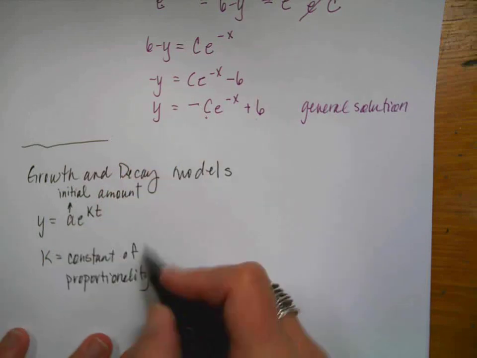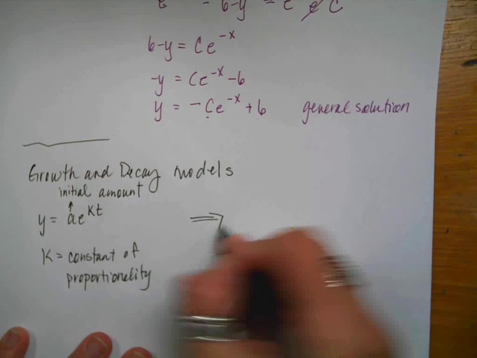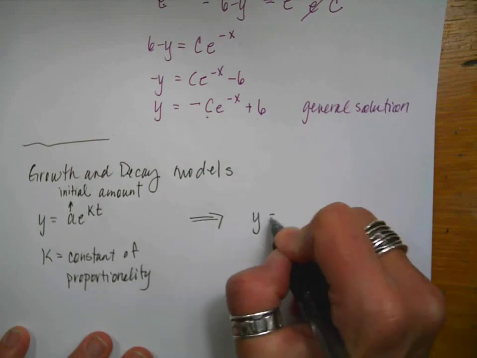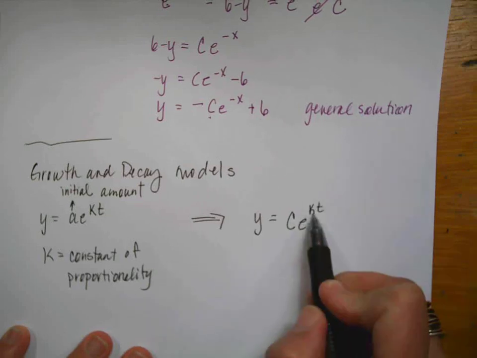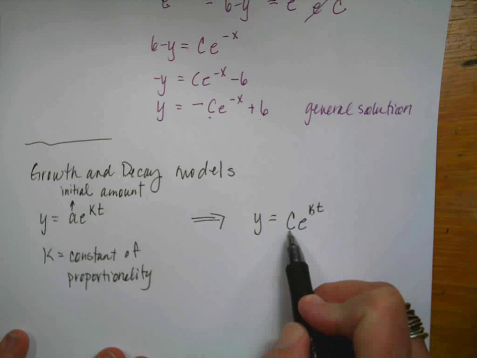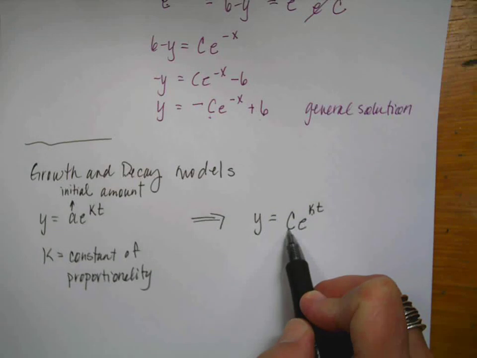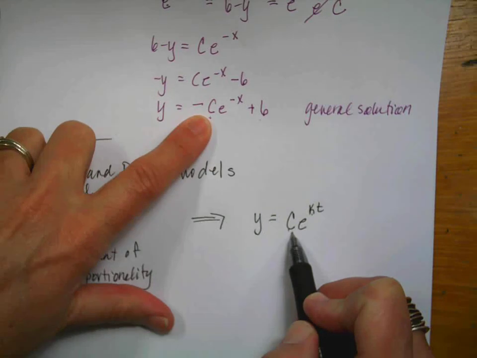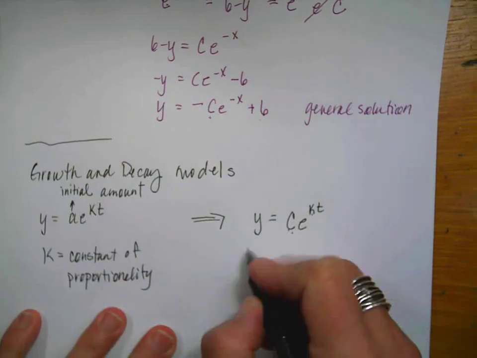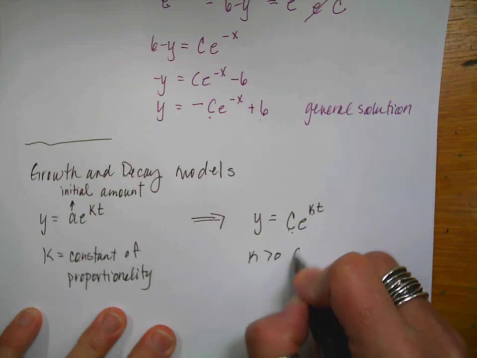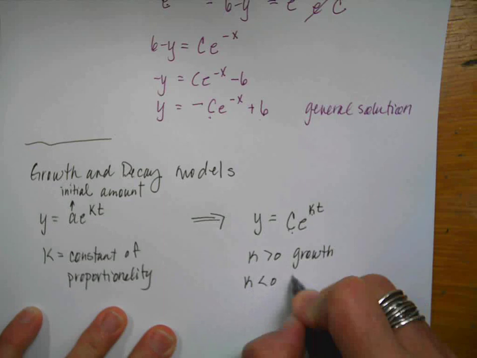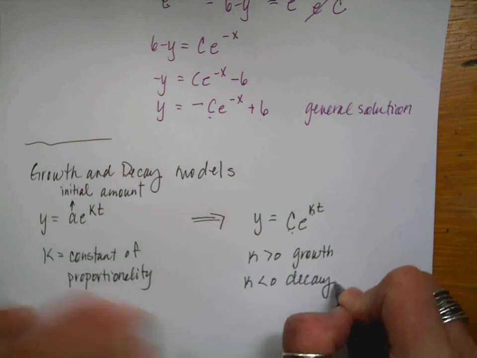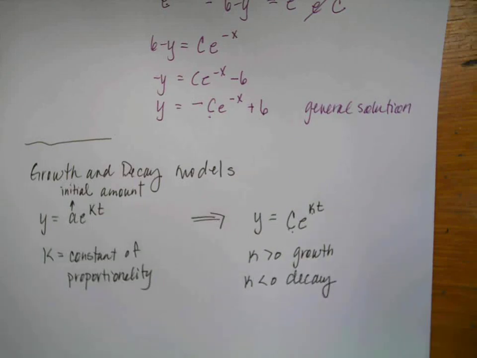And then t, of course, is time. Okay. Well, when we go to calculus, we change a couple of the variables and we would write it as y is equal to c e to the kt. K is still the constant of proportionality. C is going to be the initial amount. It's also the constant that would come from solving a differential equation. Okay? If k is greater than 0, this is a growth equation. And if k is less than 0, this is a decay problem.